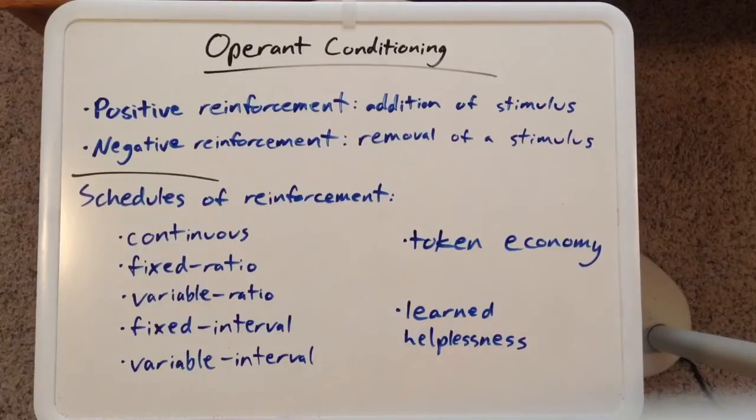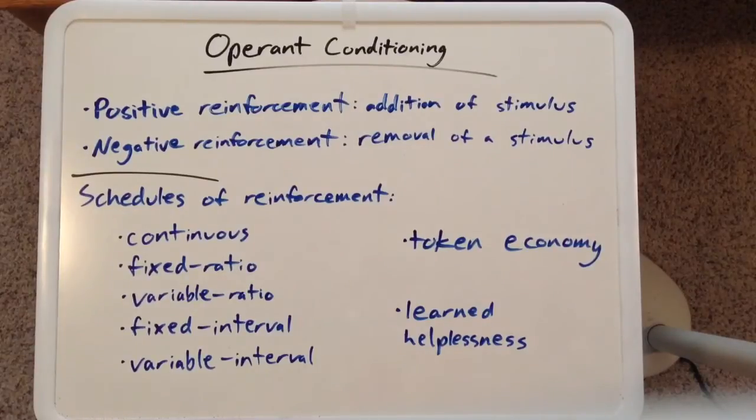Variable ratio is a little bit different. You're going to want to know that variable ratio and variable interval schedules of reinforcement are the best for maintaining behavior. They're less susceptible to extinction. But anyways, variable ratio is after a certain amount of responses, but you don't know how many.